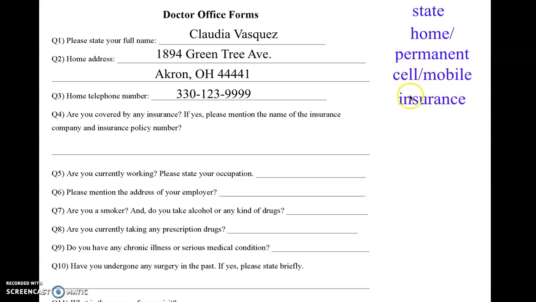This is the thing that pays for part or all of your trips to the doctor or the hospital. We call that insurance. There's also car insurance. So if you get in an accident, the insurance may pay for some or all of getting your car fixed or the other person's car as well.